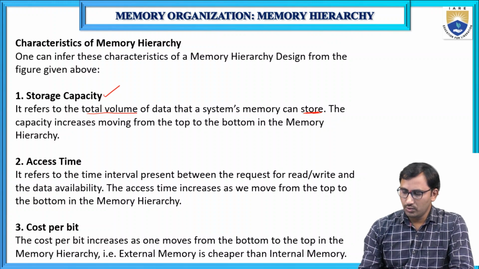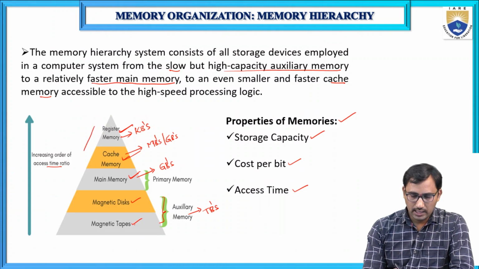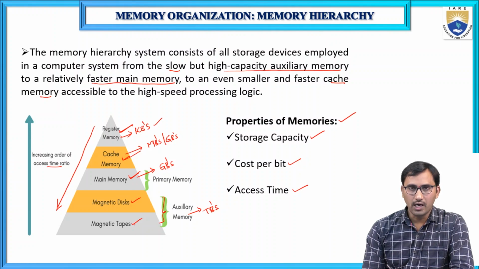If you look here, the storage capacity increases from top to bottom because the register memory is in kilobytes, cache memory is in megabytes, main memory is in gigabytes, and auxiliary memory is in terabytes. That's why the storage capacity is in increasing order from top to bottom.